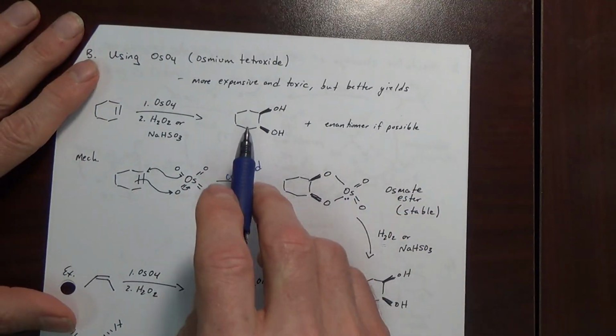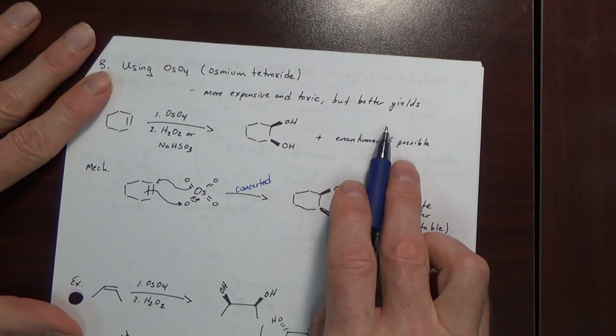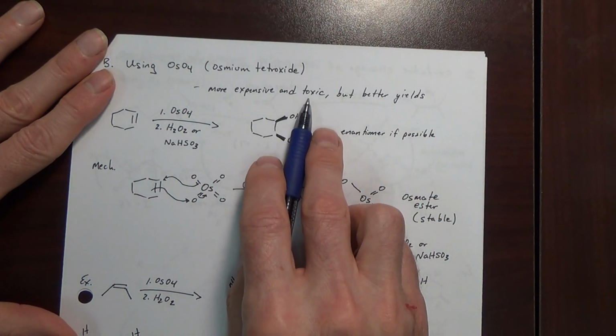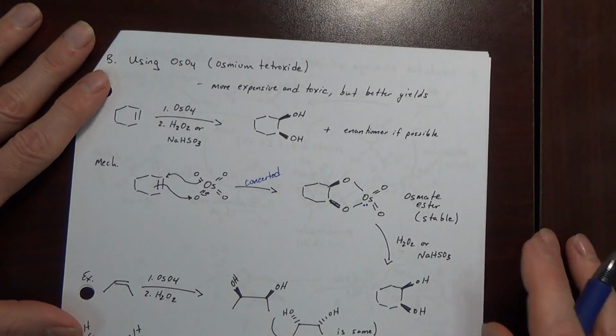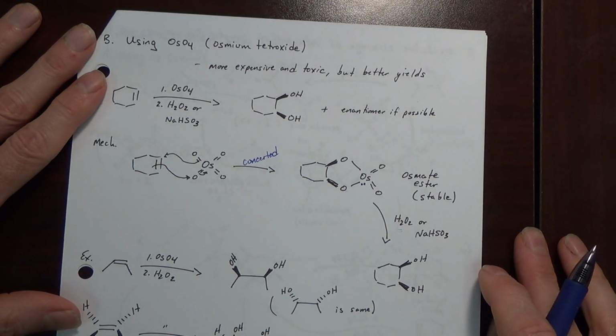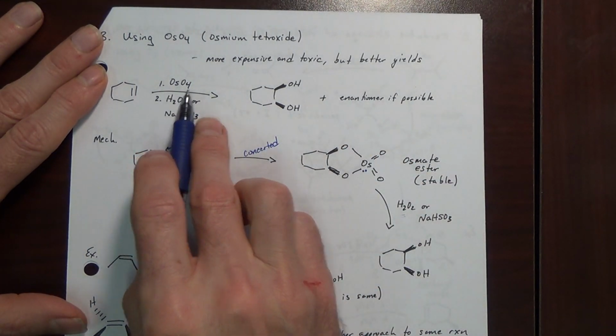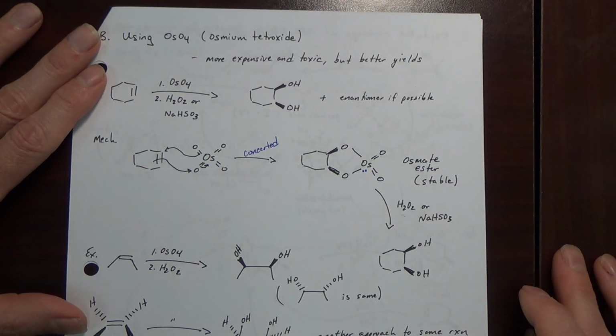Or would you rather try to get a better yield by using a more expensive and perhaps quite toxic reagent? I don't know. Well, in any event, if you use osmium tetroxide, you need to be very careful with it.